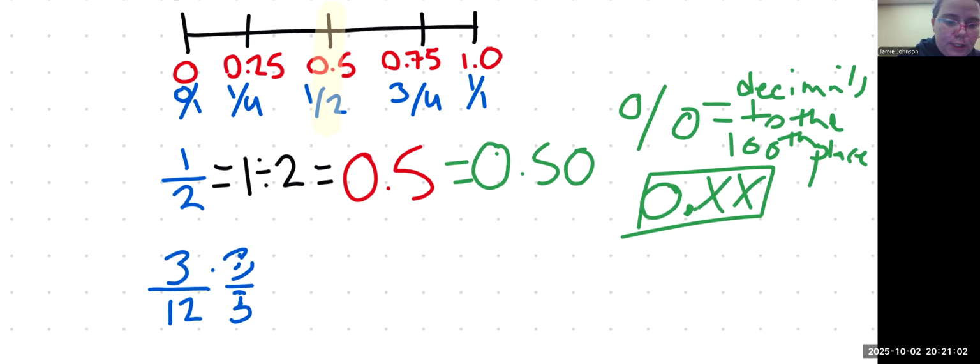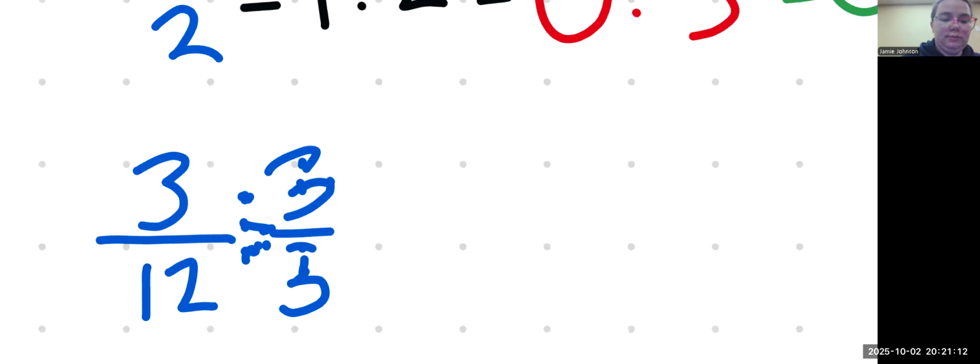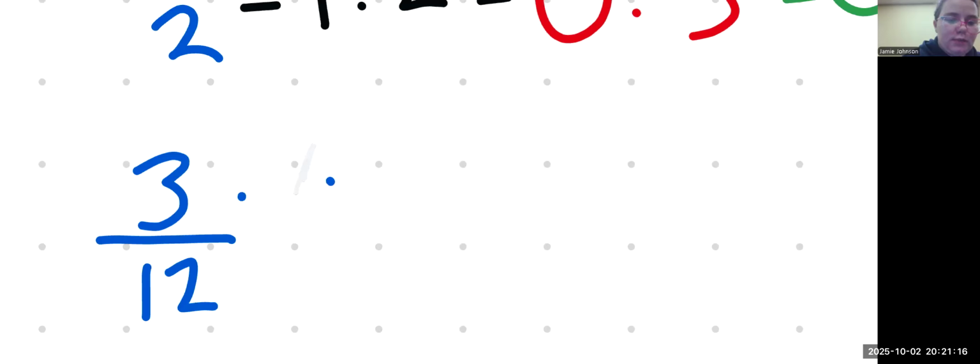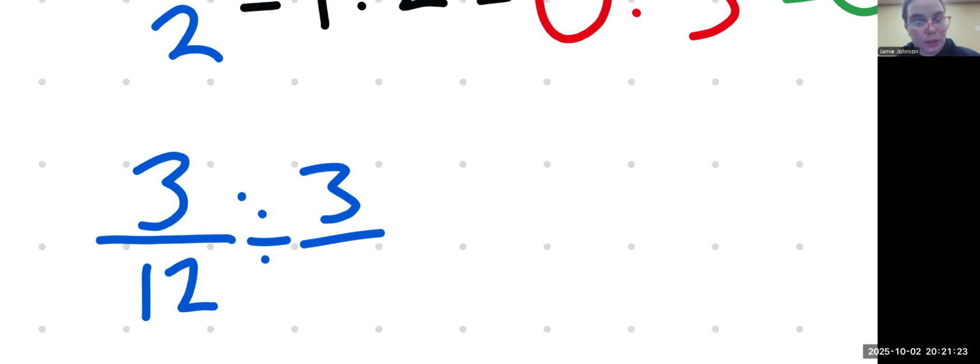I can divide both of these by 3, and I will eventually do a video on that. Let me rewrite this. Divide both of these by 3 over 3, because 3 over 3 is 1.